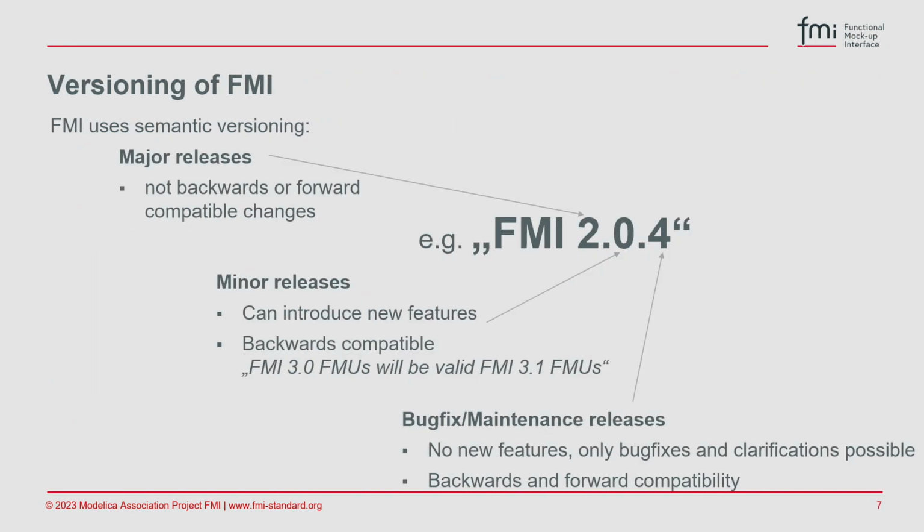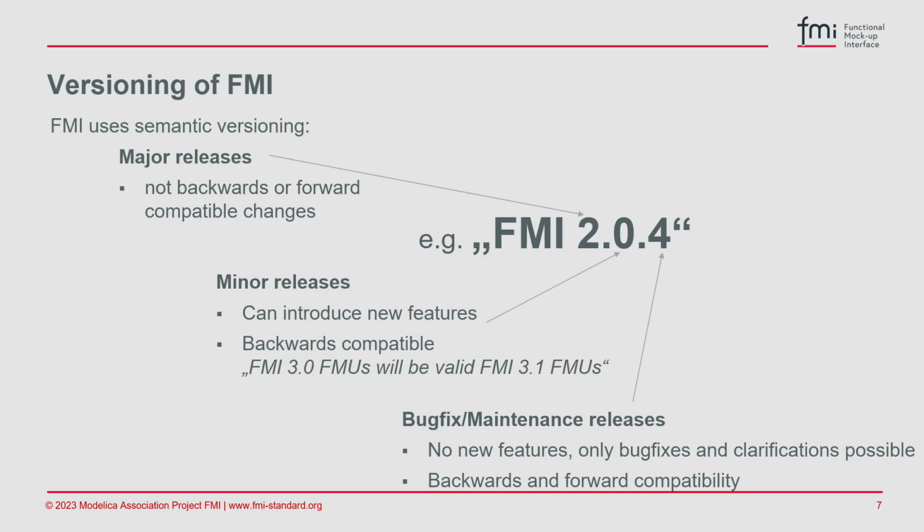We want to explain the versioning scheme of FMI. So, for example, for FMI 2.0.4, FMI 2 is the major version. That's where really new features come in, and this is not backwards or forwards compatible.